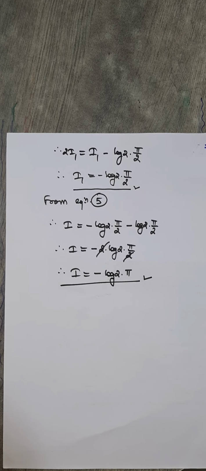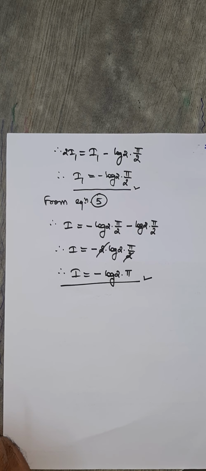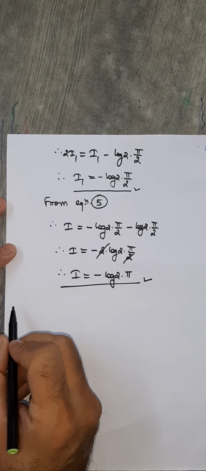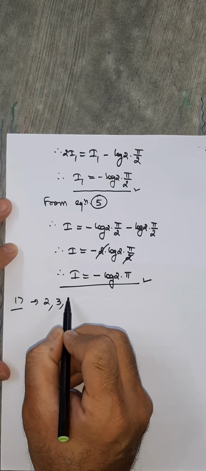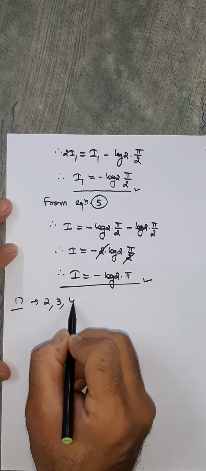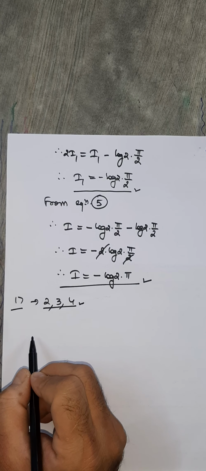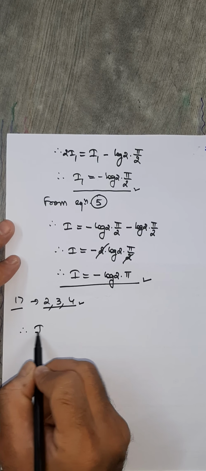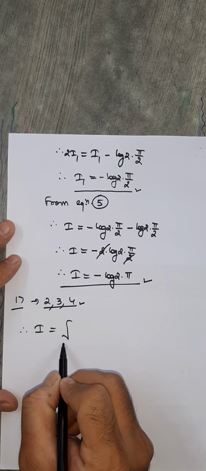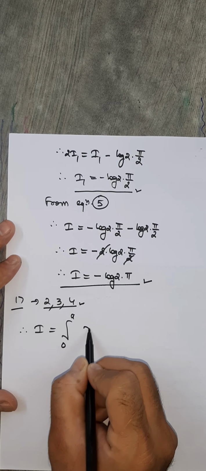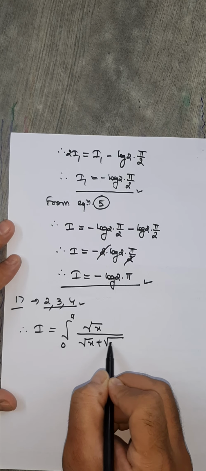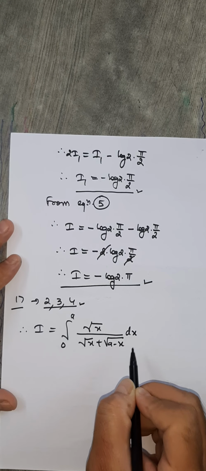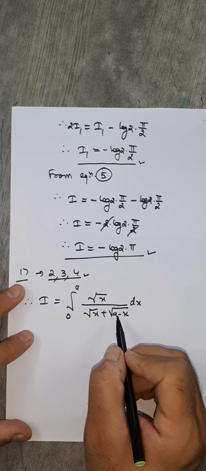Okay. Question number 17 now. That's like earlier questions. Question number 17 is like 2, 3, I suppose 4, like this only. But I'll do it. Let's take I equals to 0 to a root x upon root x plus root a minus x dx. Okay.